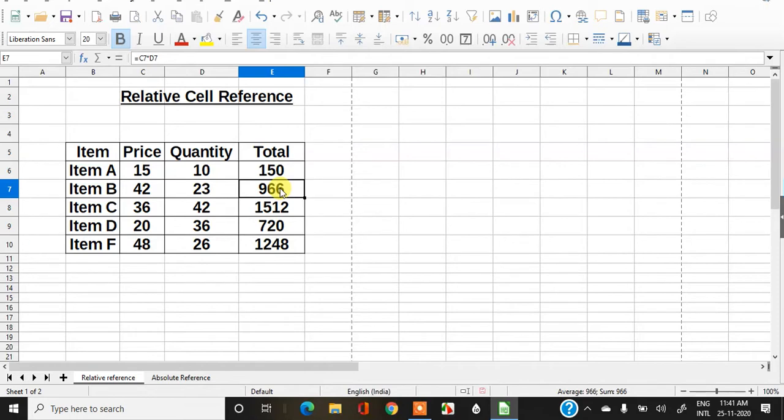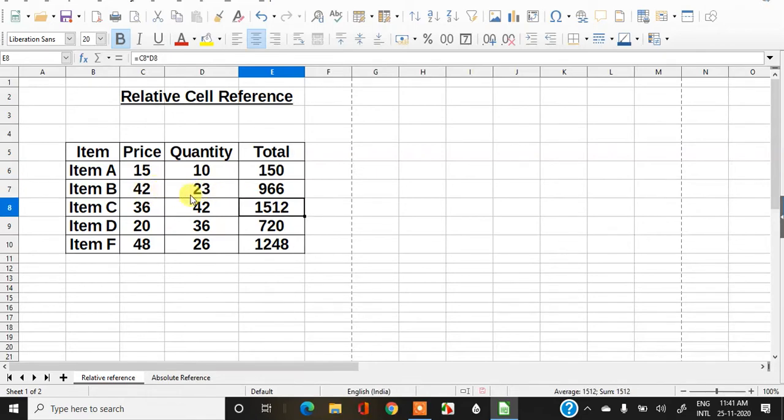This means when you move or copy a formula, the relative reference automatically gets changed. Look here: the cell address is C6 times D6. When I go down, the cell reference changes automatically to C7 times D7.